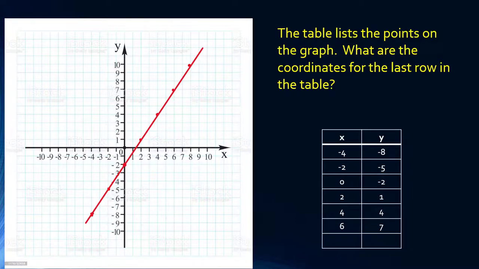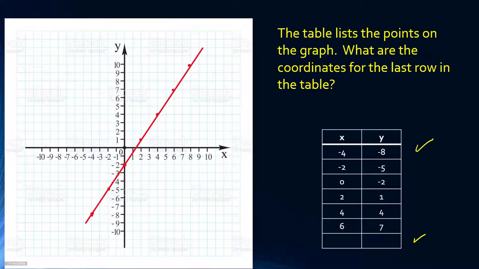We're given this graph and a table of data that represent all of the points except one of the points on the graph. What you're to do at this point is fill in the last row in the table.